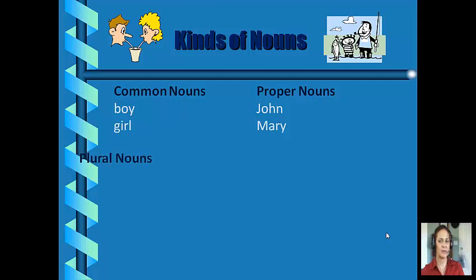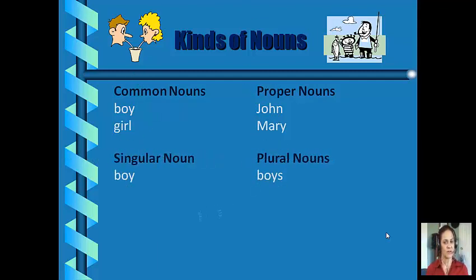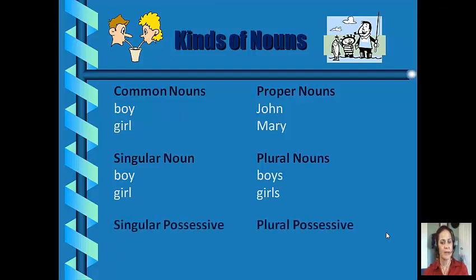So we have common and proper. We have singular and plural: boy, girl, boys, girls. You guys know that part. But students have problems with this a little bit. Possession: singular possession is apostrophe S as a general rule.